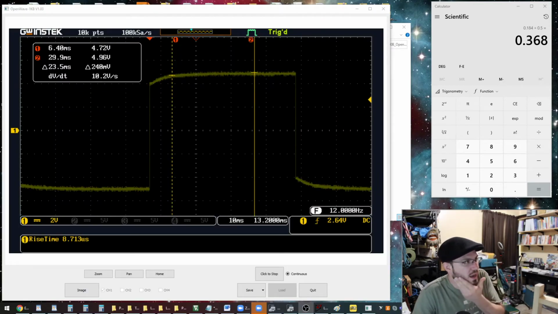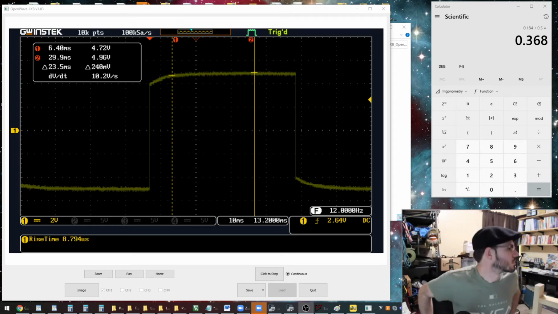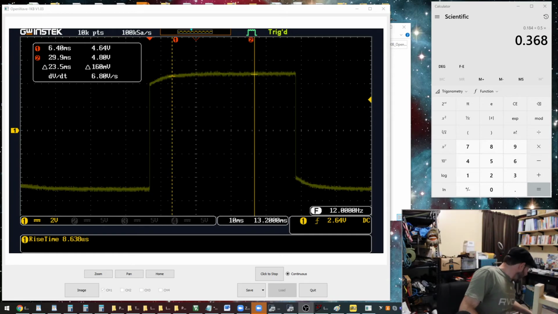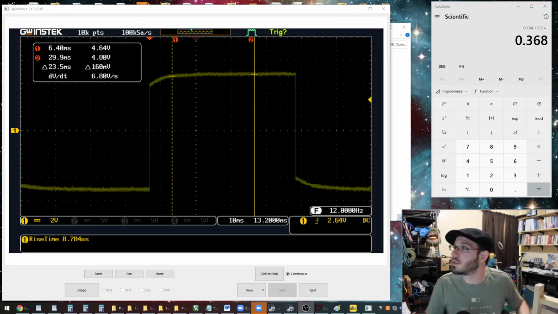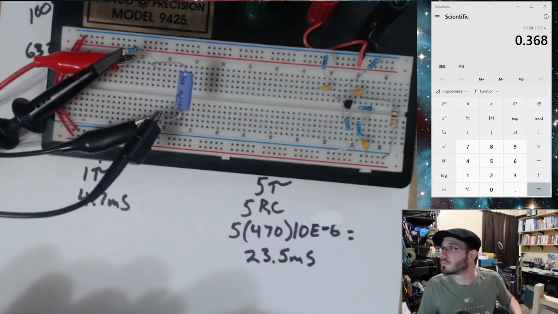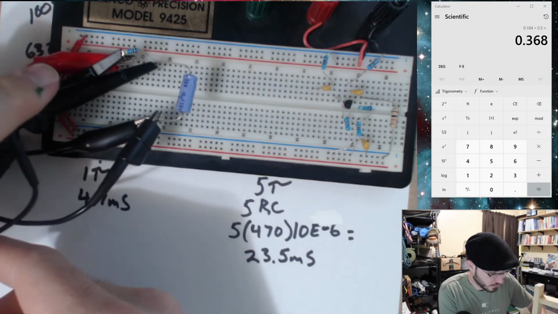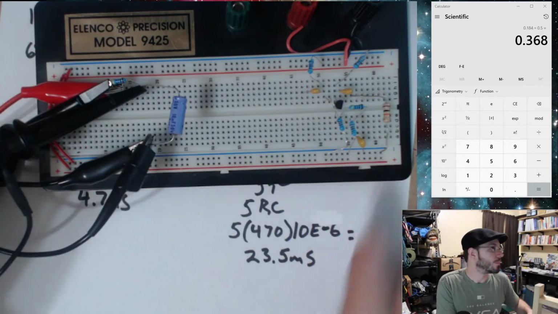And this is a square wave that we're connecting. And I'm going to also measure the voltage across the cap at the same time.